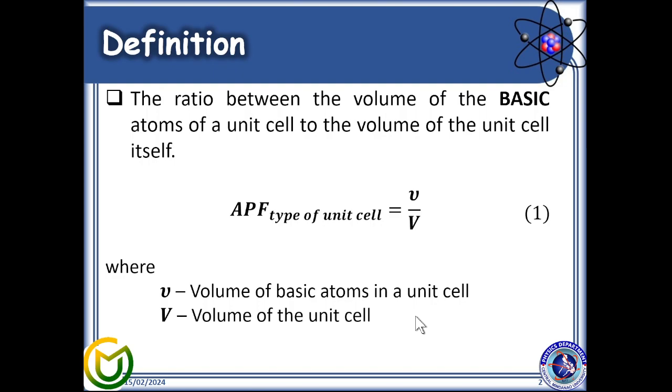That is mathematically expressed in equation 1, where mu stands for the volume of the basic atoms in a unit cell, and the capital V stands for the volume of the entire unit cell.